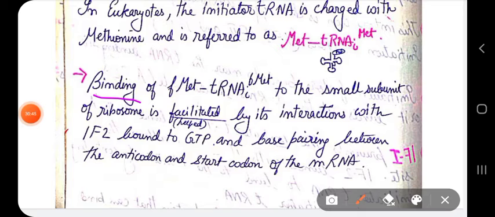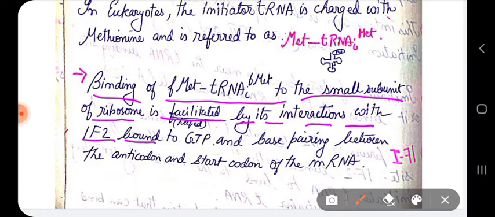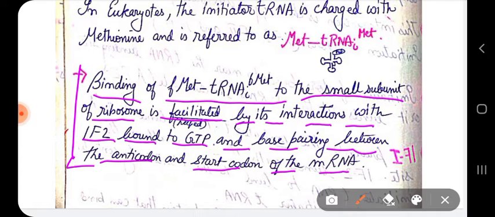Binding of the formyl methionine to the small ribosomal subunit is facilitated by interactions with IF2 bound with GTP and by base pairing between the anticodon and the start codon of the mRNA. So how does the initiator tRNA, carrying the amino acid formyl methionine, bind into the ribosome in the prokaryotic initiation process? It's in two ways.